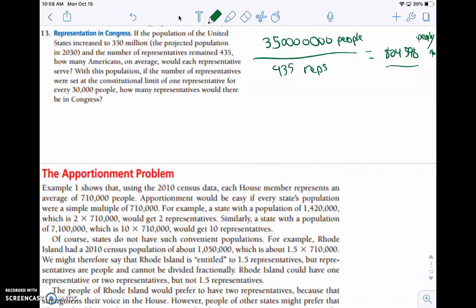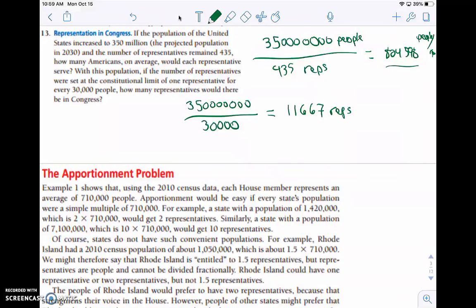We take our 350 million projected population and divide it by 30,000 people per representative, and this turns out to be about 11,667 representatives when you round up.